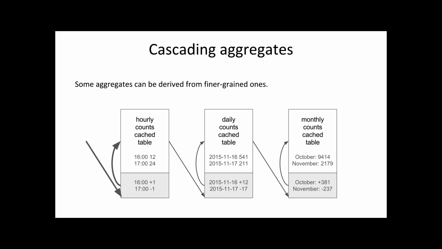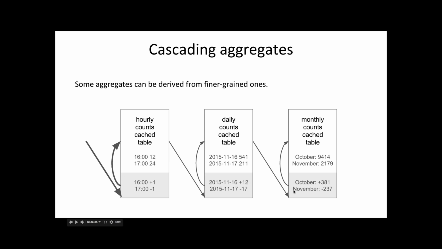And what's interesting is that you don't actually need to create separate triggers on the data table, which makes ingestion more expensive. Rather, whenever something is changed in the hourly table, you can just add it to the queue in the daily table. And whenever something is changed in the daily cache table, you can add it to the queue in the monthly cache table.